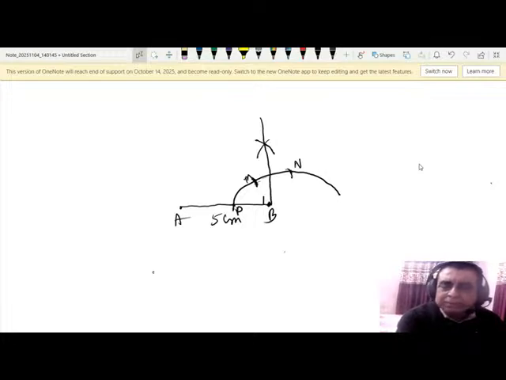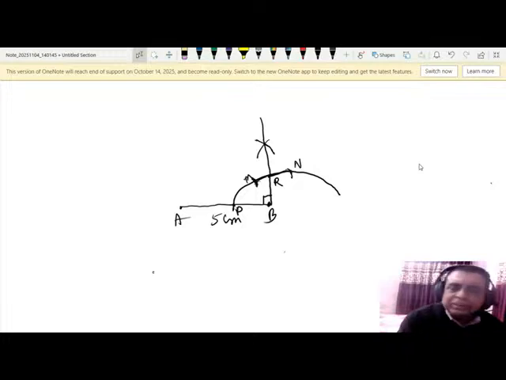Now this angle will be 90 degrees. Suppose this line cuts the arc at a point we call R. This gap from M to R is 30 degrees, and from R to N is 30 degrees.